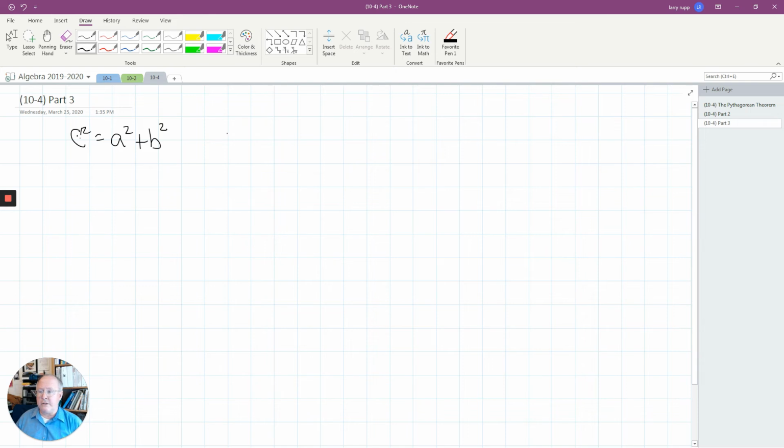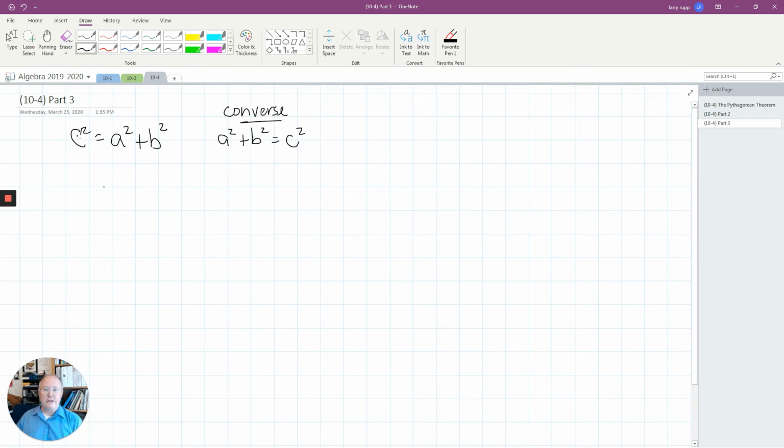The converse basically says that if a and b are the sides and c is the longest side, then squaring the legs and summing them will give you the hypotenuse squared. It's just the Pythagorean theorem in reverse. So, in English, this would be the converse.